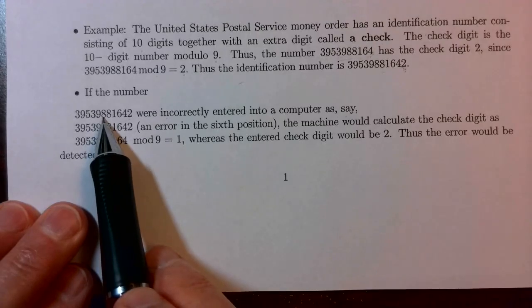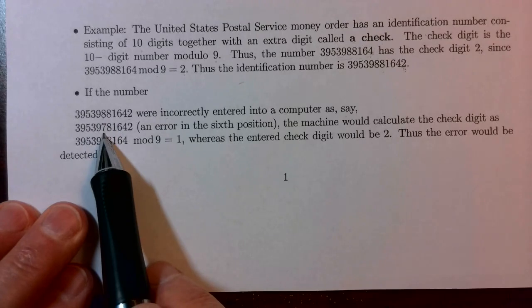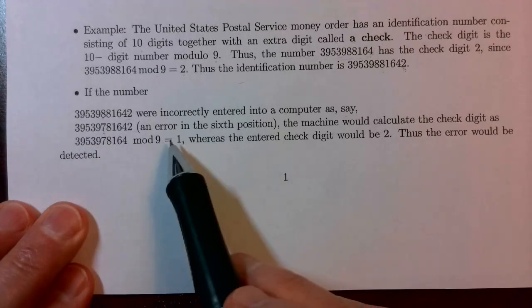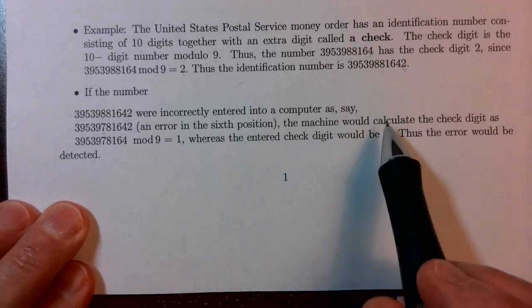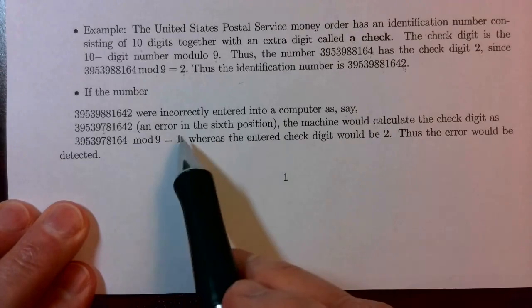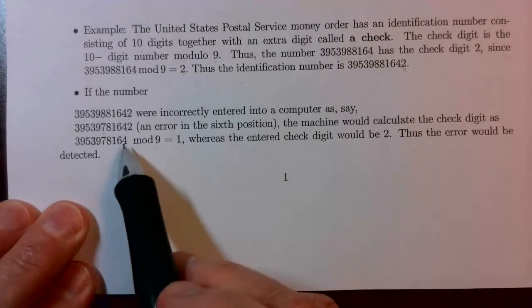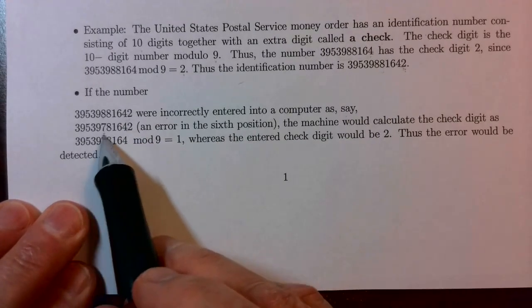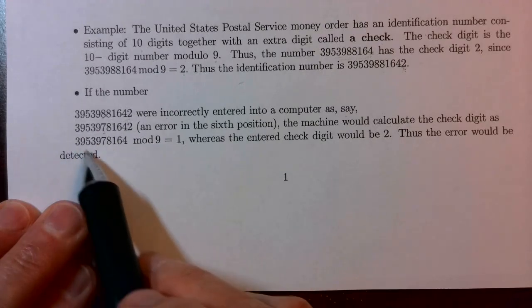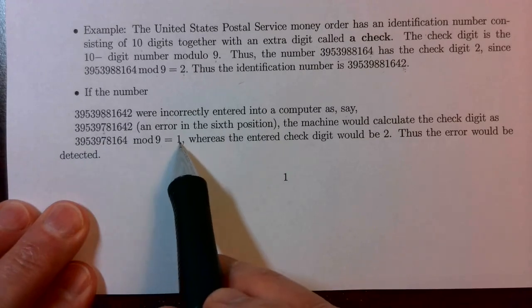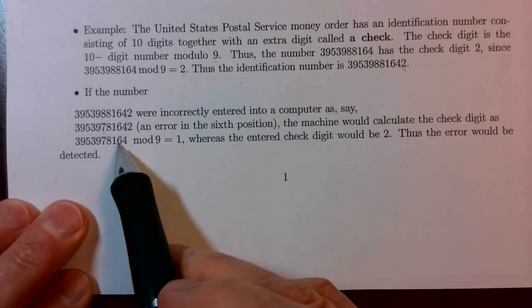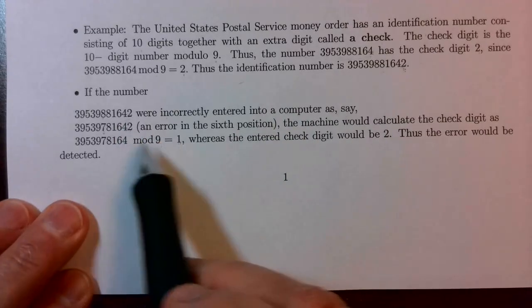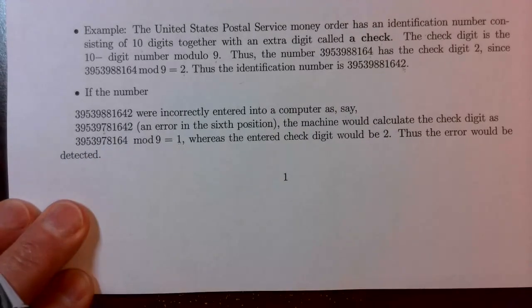The correct digit is 8 and it was entered as 7. And the check digit now, take the first 10 digits, mod 9. The result is 1. And because here we have a 2, it is clear that there is an error somewhere.